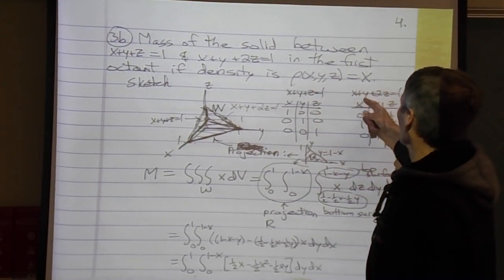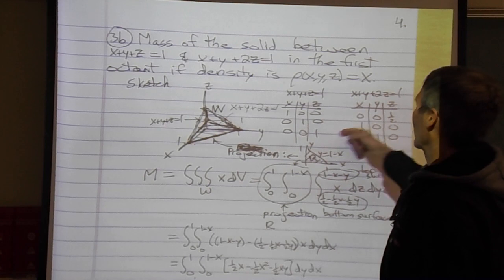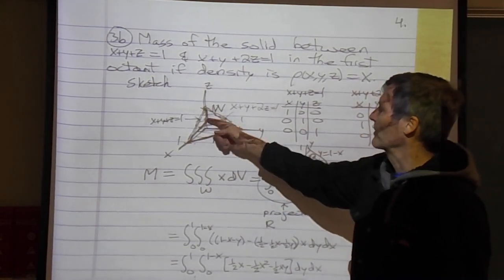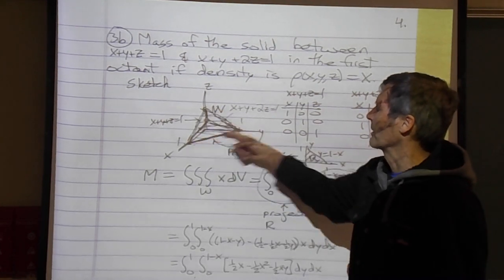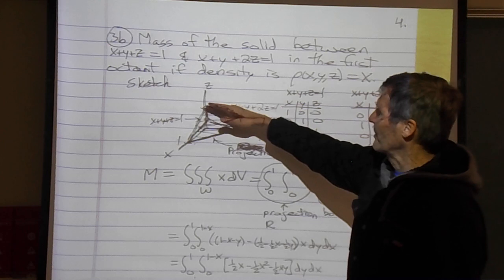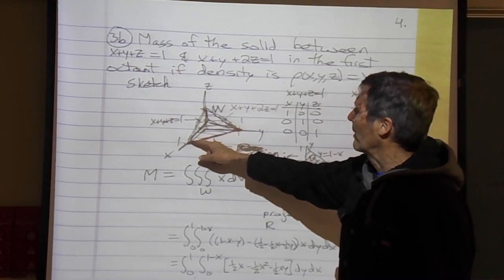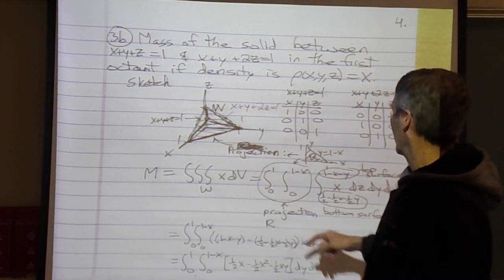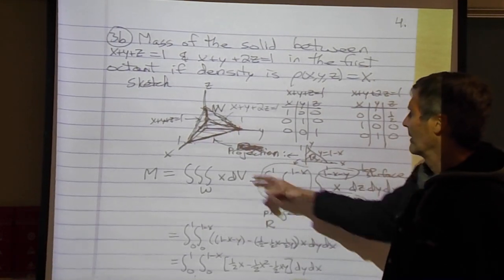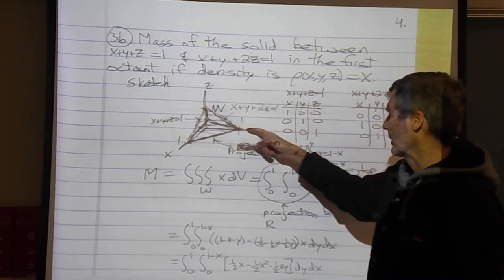Now the other one, x plus y plus 2z equals 1, I do the same thing, and I get (0, 0, 1/2), and (1, 0, 0), and (0, 1, 0). So it's this triangle on the bottom, this triangle on the top. Now you can see what's going on. These things project down into this triangle in the xy plane, which has the line y equals 1 minus x.